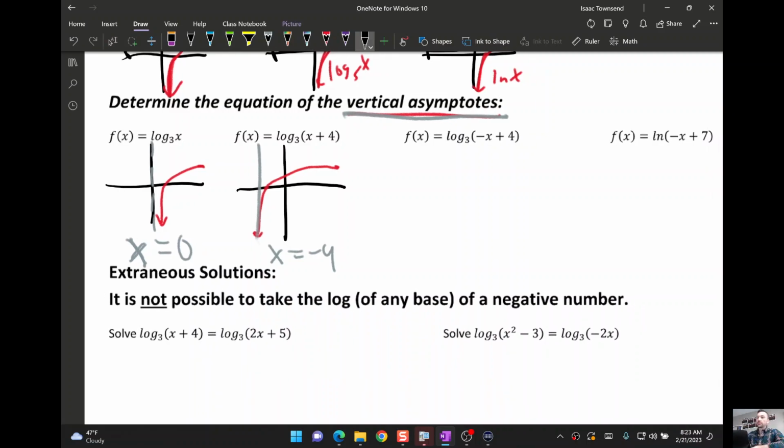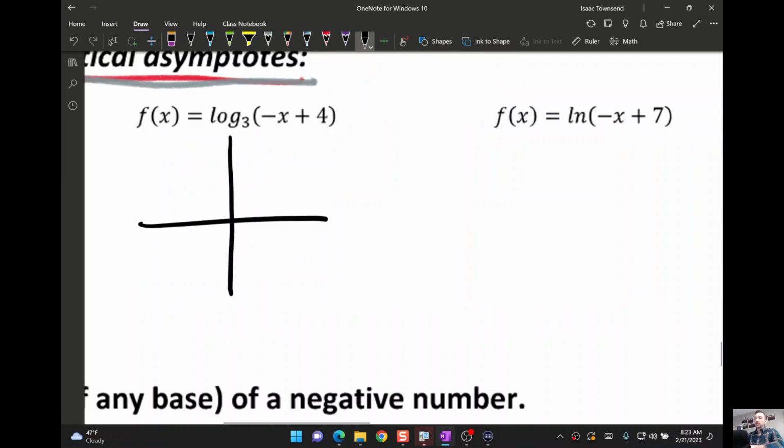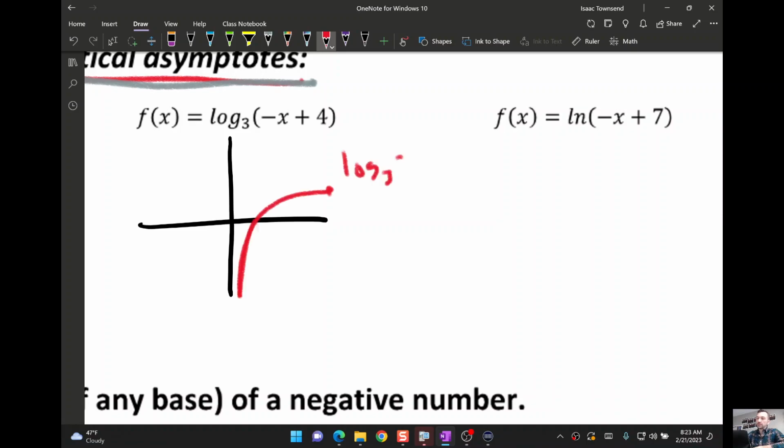But these two are the ones that often give students issues. Alright, well first off, this would look like log base 3 to the x. Try not to do too much at once. What happens when we put the negative directly on the x?